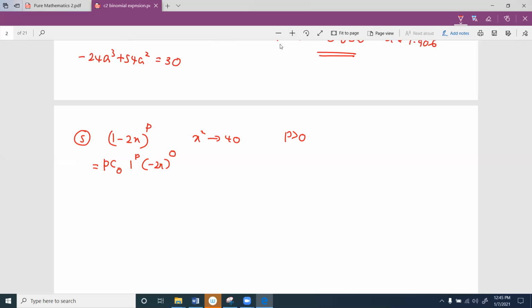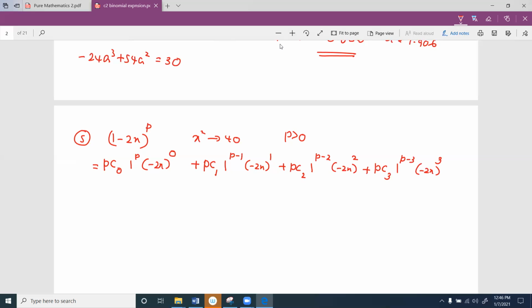We are starting with ascending powers of x. pC1 1 to the power p minus 1, minus 2x to the power 1. Then pC2 1 to the power p minus 2, minus 2x to the power 2. We need up to x to the power 3. pC3 1 to the power p minus 3, minus 2x to the power 3.